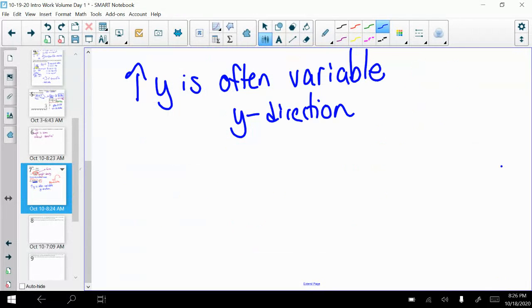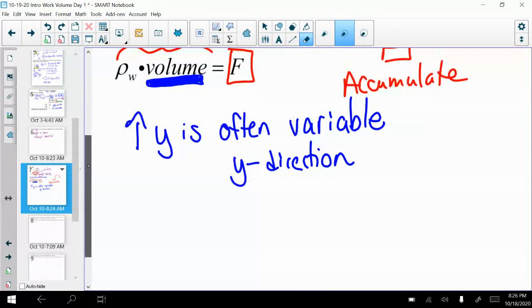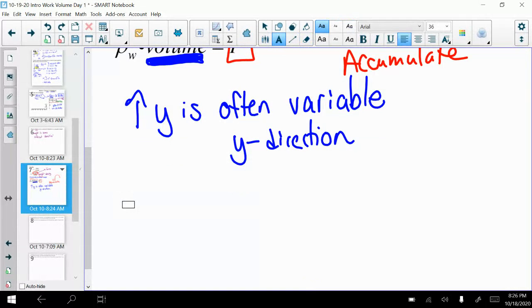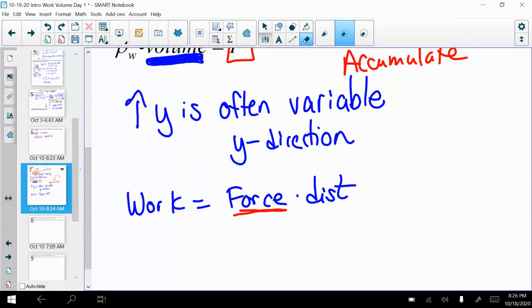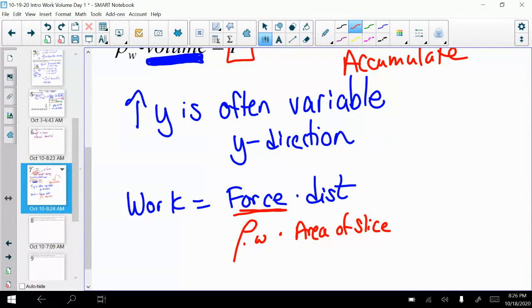So where we're going with this is I mentioned that work equals force times distance, right? And then I said we're going to split this force up as our rho, which is density. This little letter that looks kind of like a P is called rho. It's a Greek letter, and it usually stands for density. And then our volume is going to be the area of a slice, like a cross section.